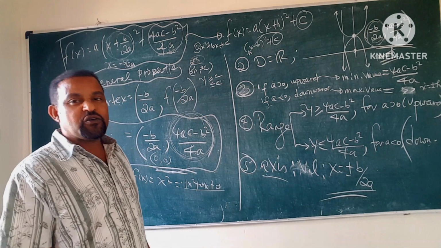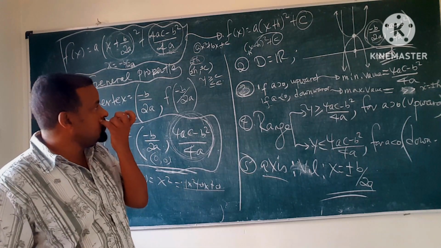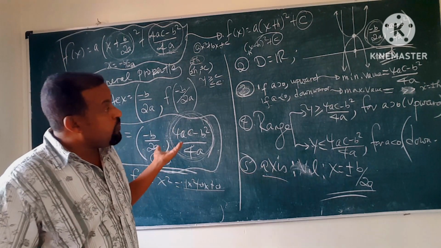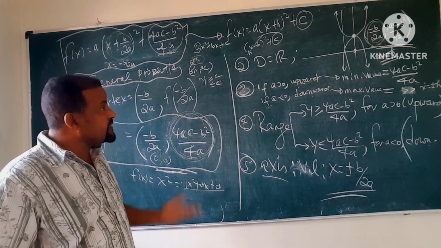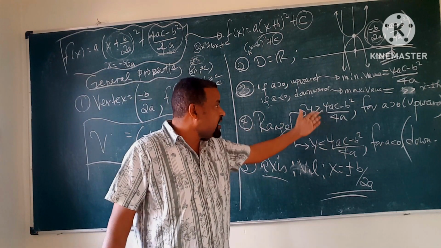So we have the domain, upward and downward, the minimum and maximum value, the range based on whether it's upward or downward, and the axis.